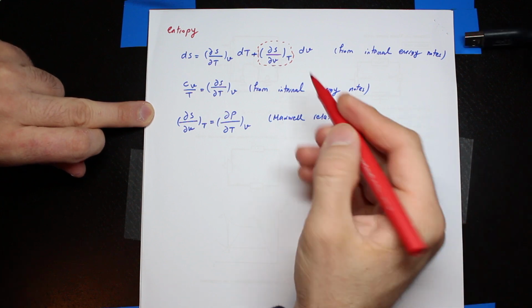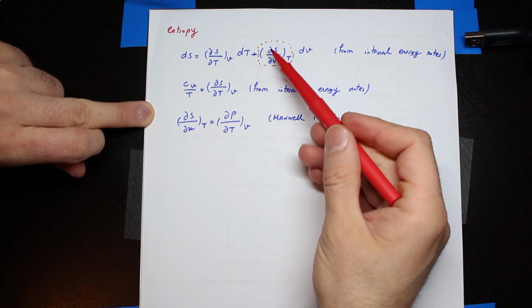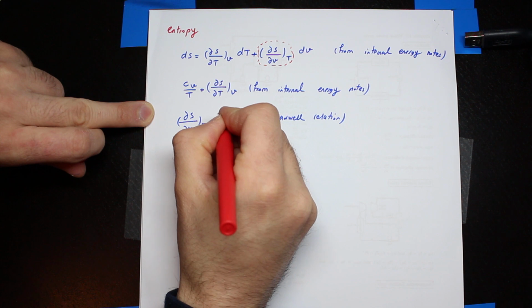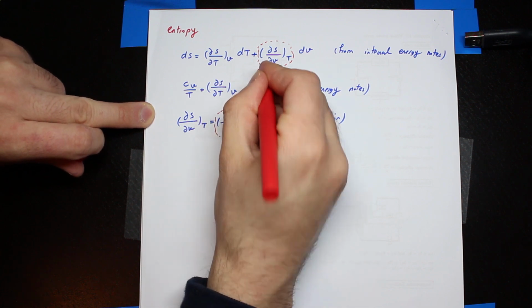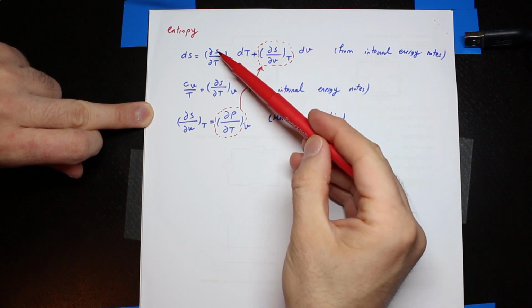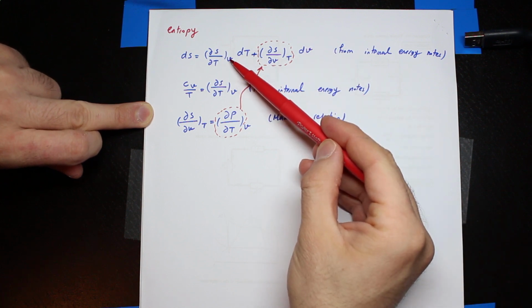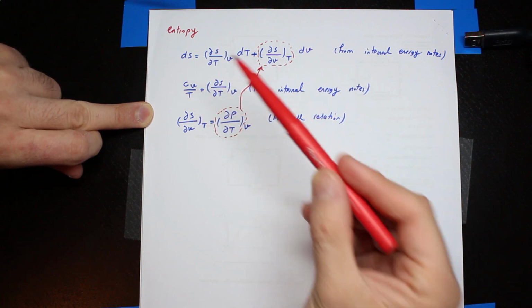Once again, instead of partial S partial V for constant temperature, I'm rewriting this one. So this is basically going into here. And instead of this one, partial S partial T for constant volume, I'm writing this.